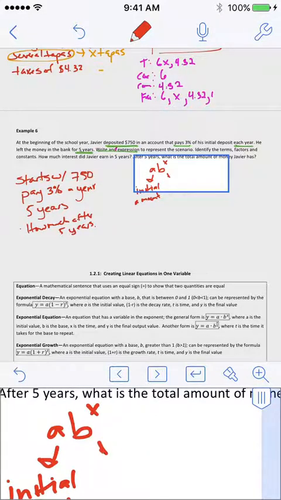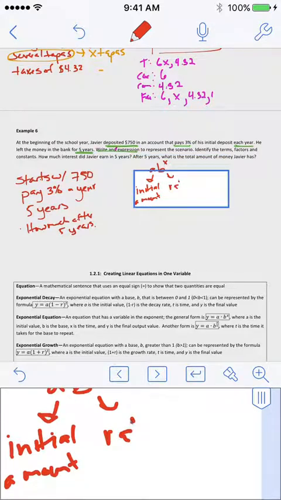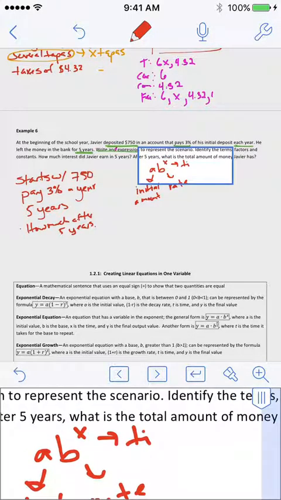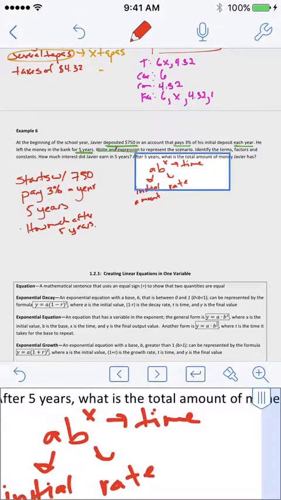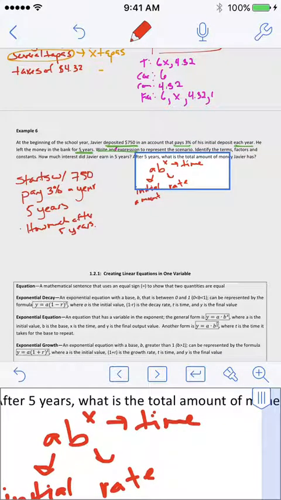B is going to be your rate. We cut half of them each time. Rate. And then X is going to be the time, right? How many weeks was the singing competition running? And then we ended up with one person winning the contest. So that's kind of how this breakdown works, and that's usually always how it breaks down, okay?